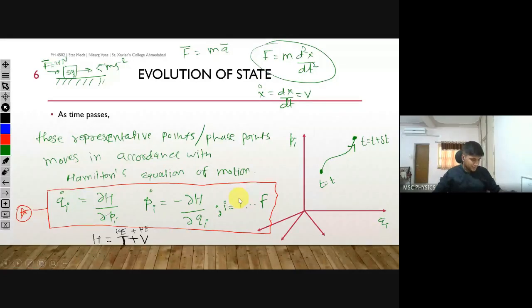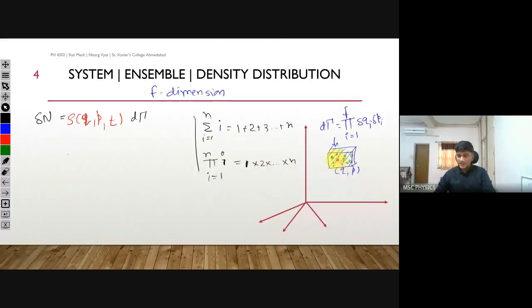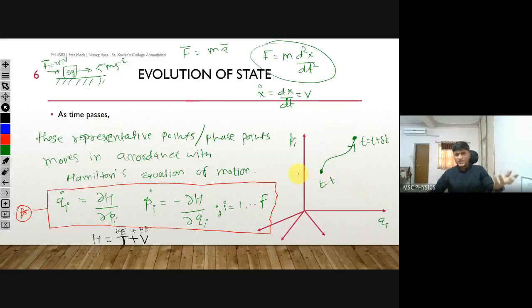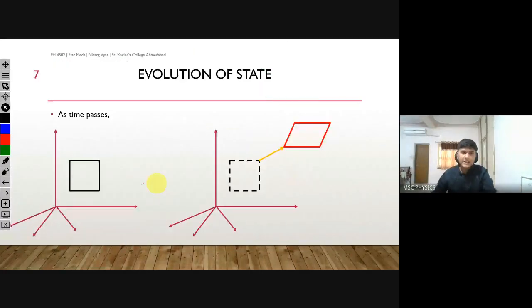Since this one point is moving, and there are so many representative points of the system, all the points are moving, because in the complete ensemble all the systems are moving in the phase space. Suppose initially all the points were inside this region of the phase space.